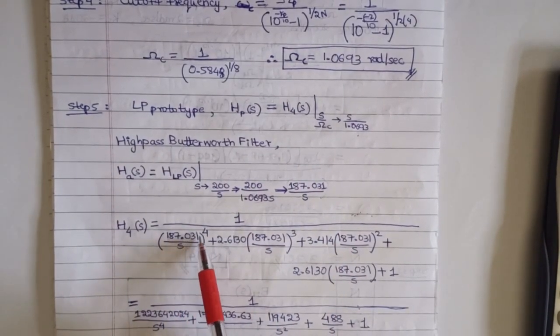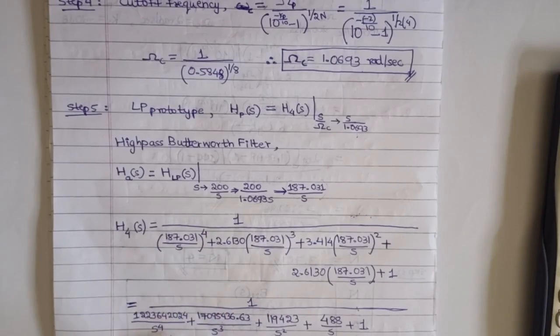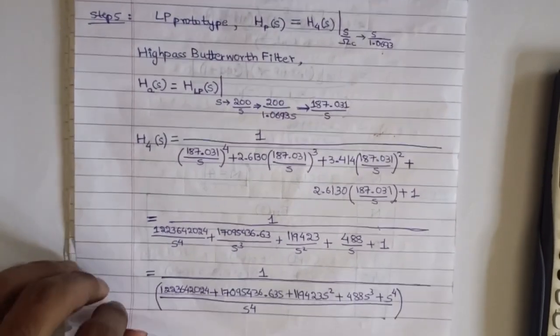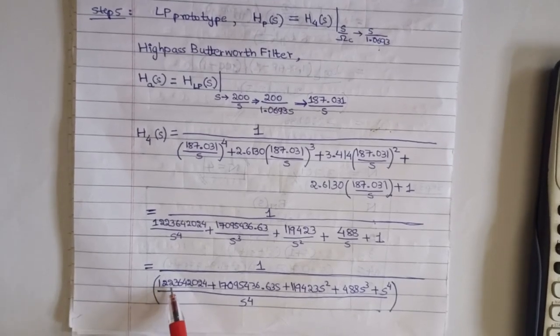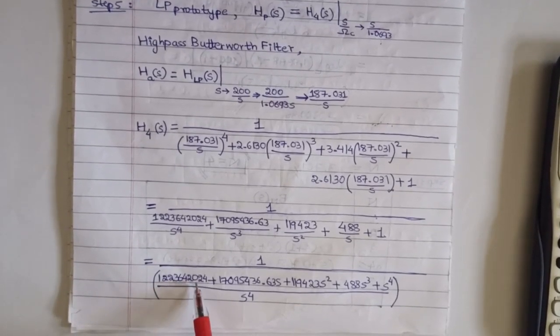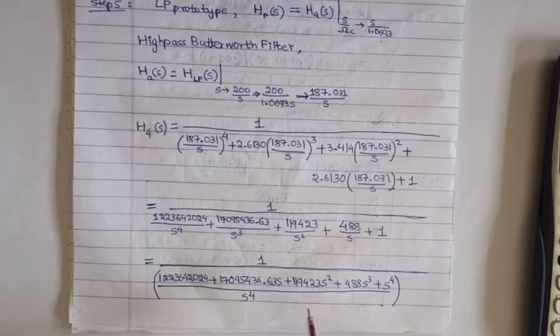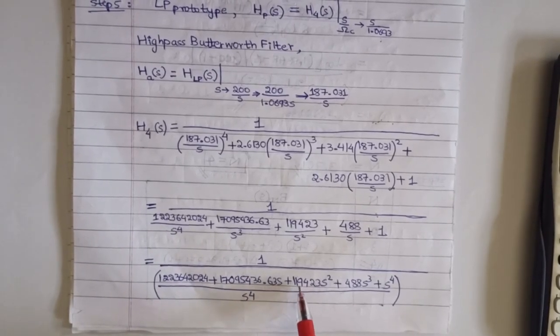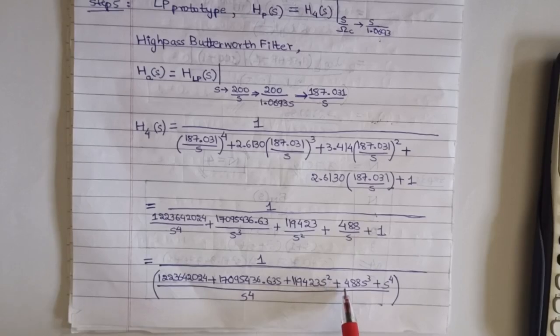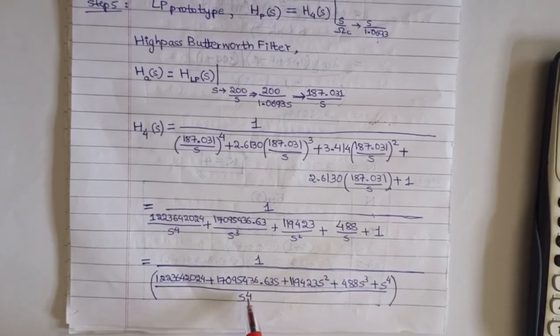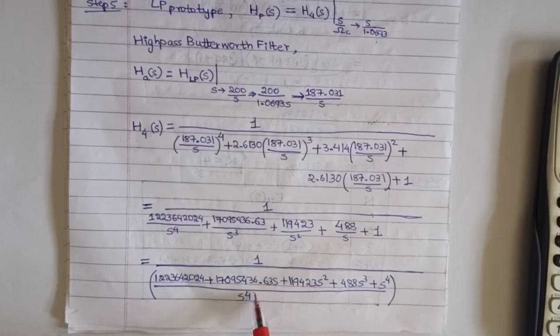By substituting this in the appropriate places, we get 1 divided by 12236422024 plus 17095436.63 s plus 119423 s square plus 488 s cube plus s raised to 4, whole divided by s raised to 4, where s raised to 4 is the LCM.